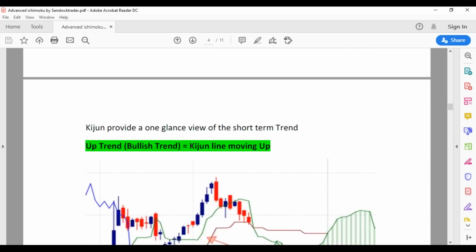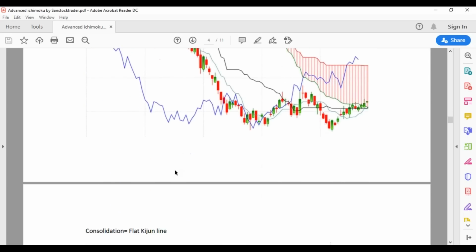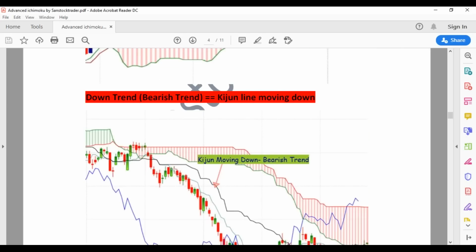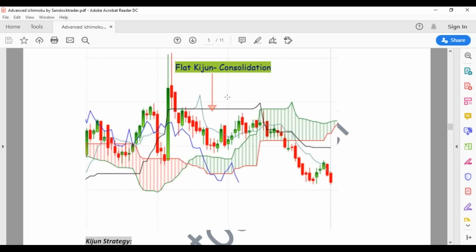So now let's understand the strategy. See, as I said, a flat Kijun can indicate the consolidation zone. So this is the problem with most trading systems. Most trading systems based on moving averages and other indicators work really good in a trending market.